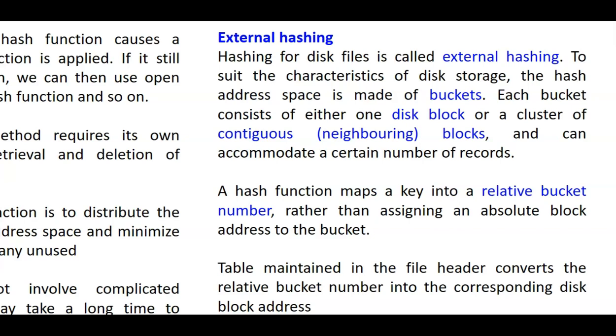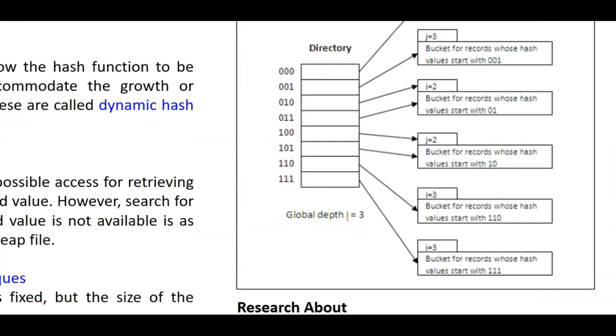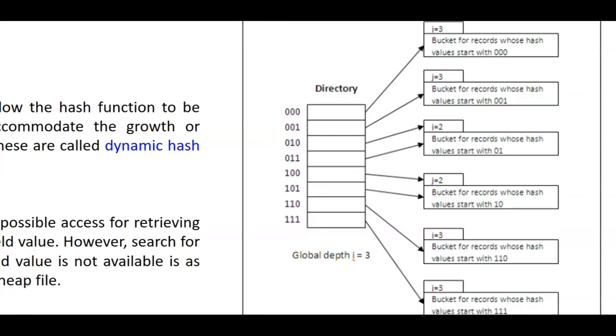So a table is maintained in the file header that converts the relative bucket number into the corresponding disk addresses. This is what I am talking about if I borrow this illustration. We're looking at external hashing.